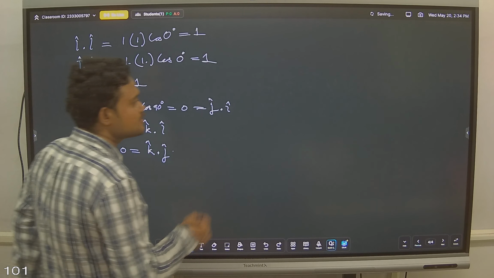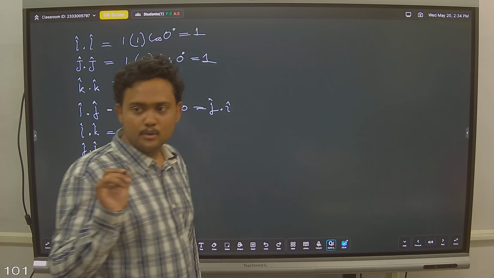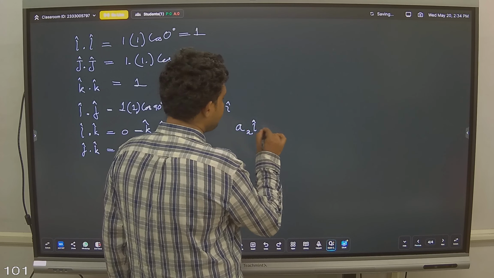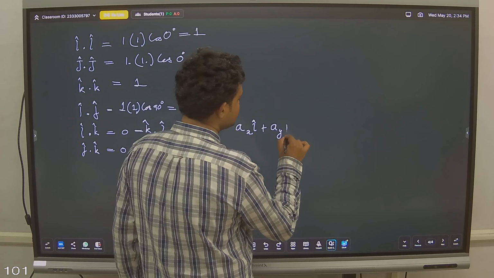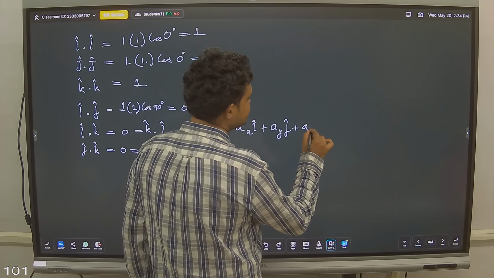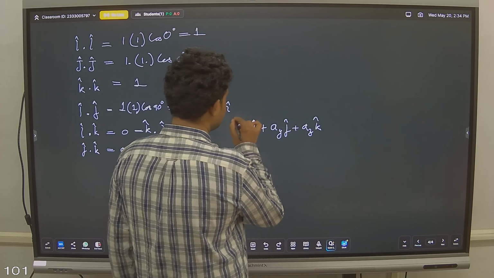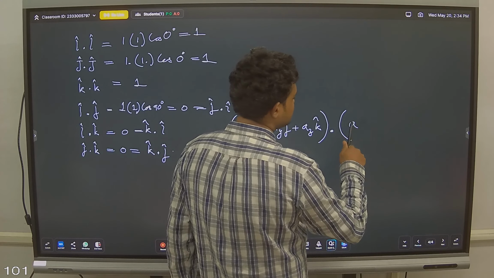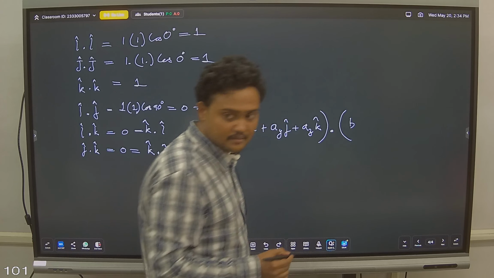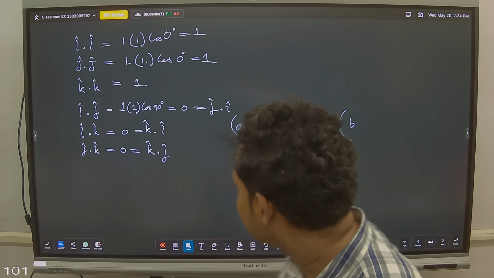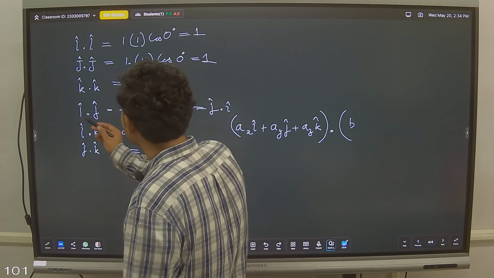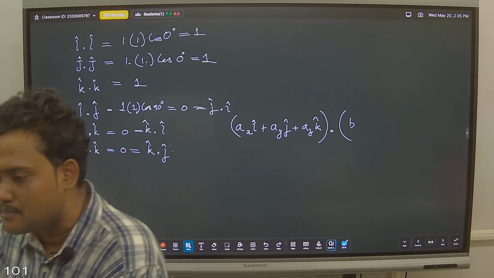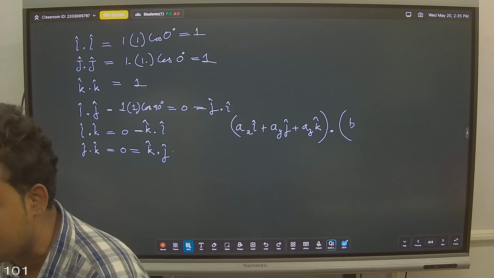Okay. So imagine I am giving you two vectors, which is ax i cap plus ay j cap plus az k cap, and I am taking the dot product with, who is asking? Because i and j are mutually perpendicular. i, j, k are mutually perpendicular. The x-axis, y-axis, z-axis are mutually perpendicular.